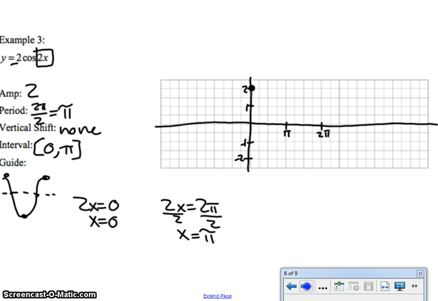I know I also end at my max, and since my interval is 0 to pi, this time we're going to be ending at pi. All right, and halfway in between there, I would be at my min, and then at those halfway points at 0. All right, so we would continue the pattern for the rest of our grid.